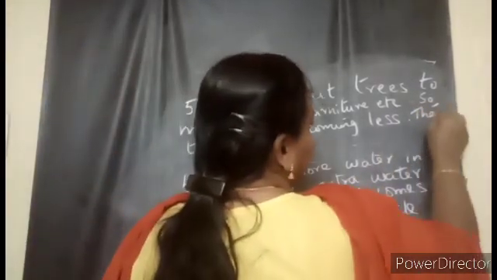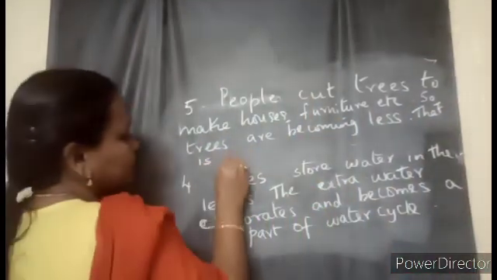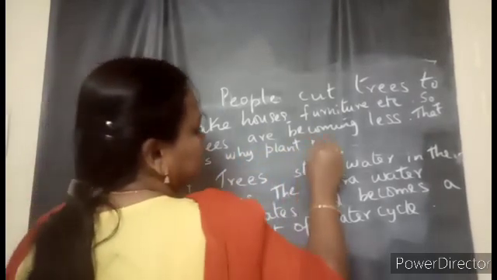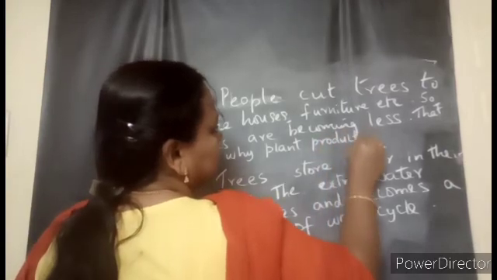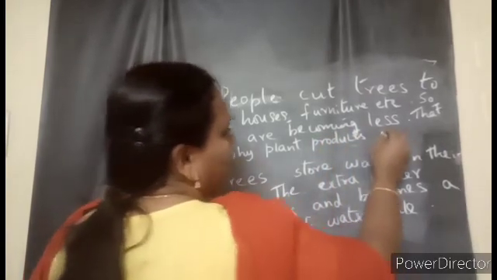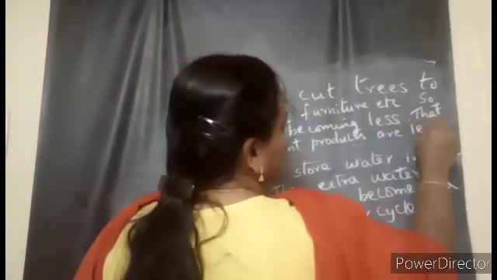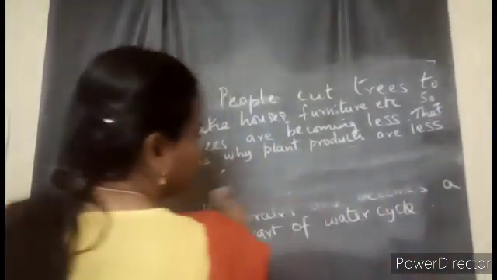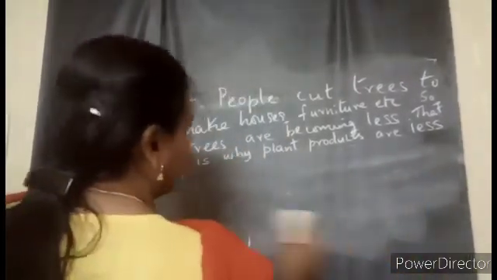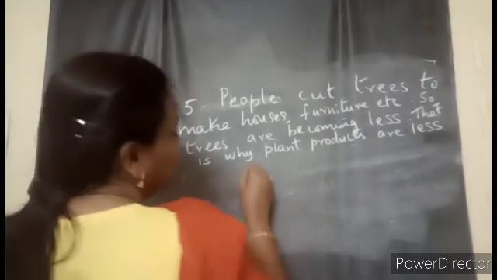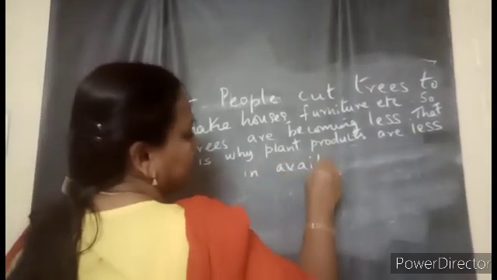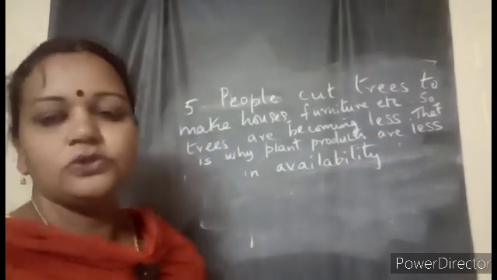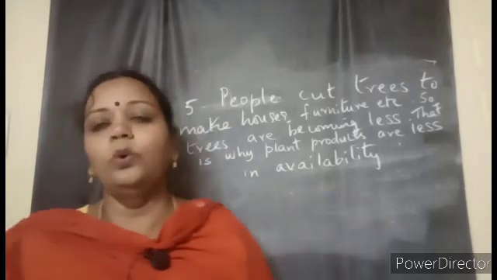That is why plant products are less available, or less in availability. They are less on the earth. That also you can write. So you can try to give your own answer also.